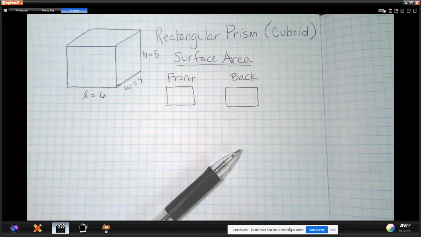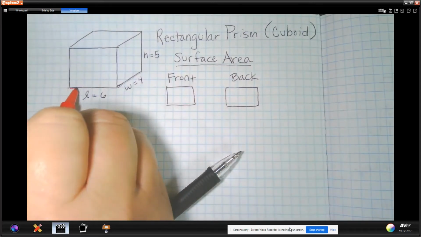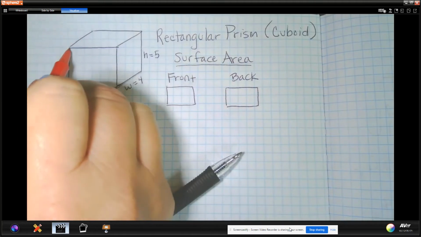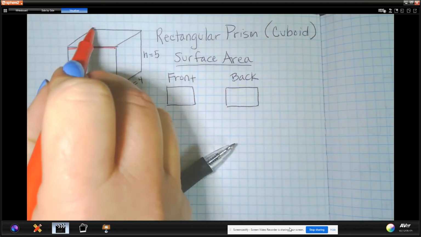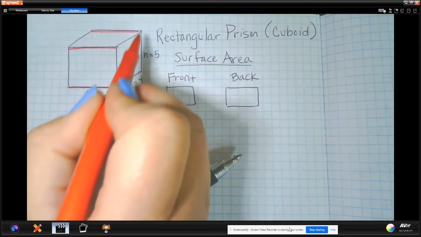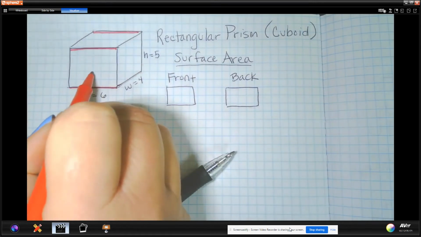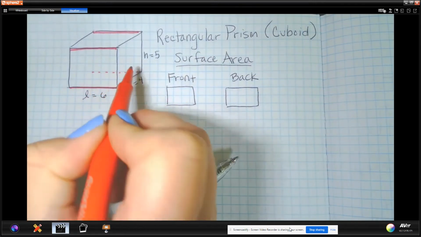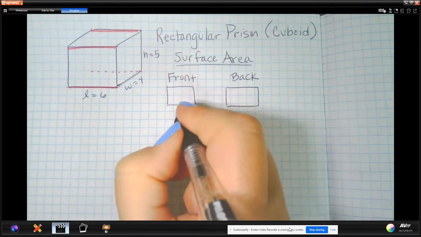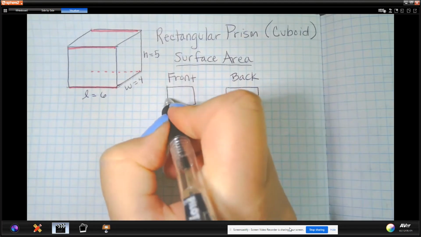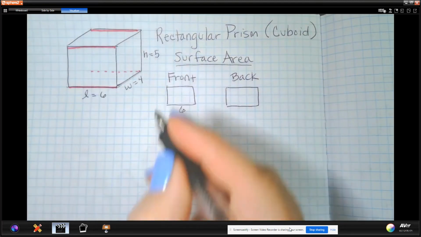And if I look, my length is 6. That means that this is also 6. And this is my front. It's going to match the 6 back here. And this hidden 6 goes all the way across the back. That's another 6. So the length is 6. And the height right here is 5.